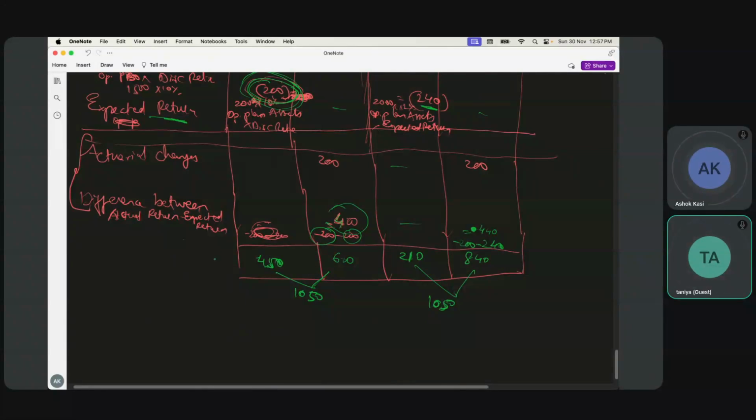Okay. Just the minus and plus mistake I have made. That's where you need to be a little more careful with the minus and plus.